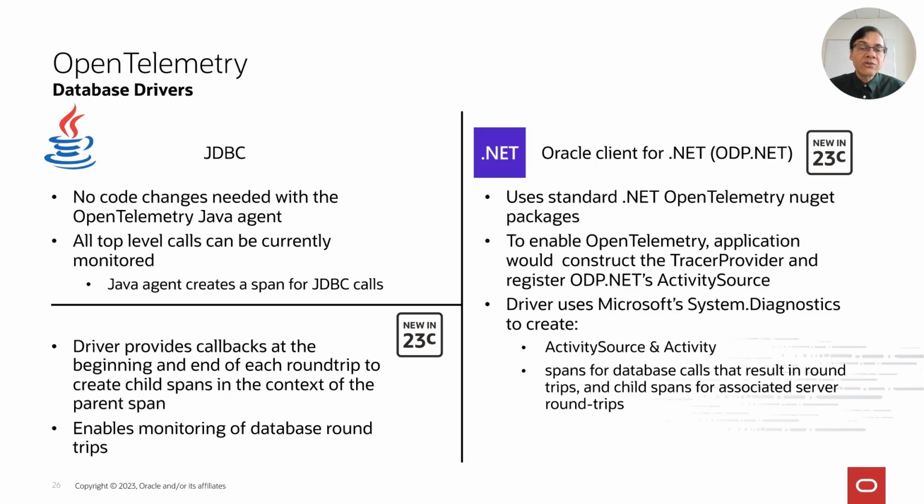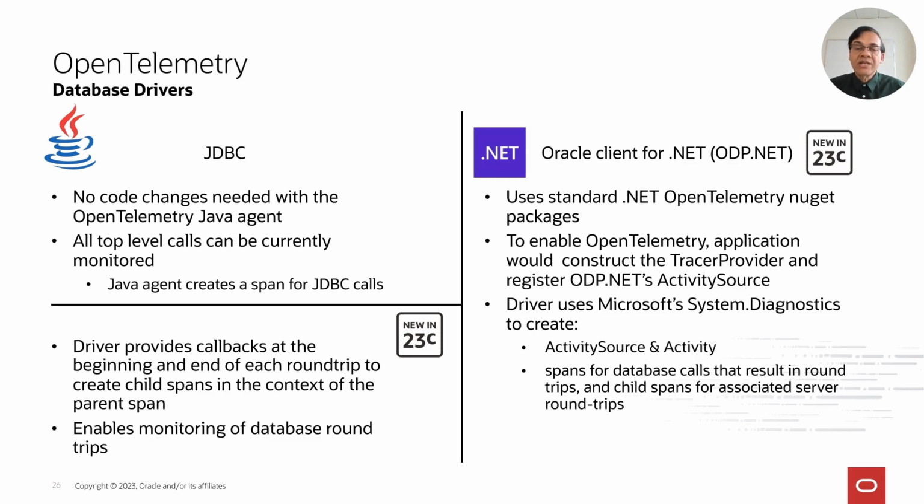What we are doing in 23c is providing callbacks in the drivers at the beginning and end of each round trip to create child spans in the context of the parent span. And this will allow you to enable monitoring of the database round trips and figure out what is going on, not just on the client side, but on the network side and on the server side.